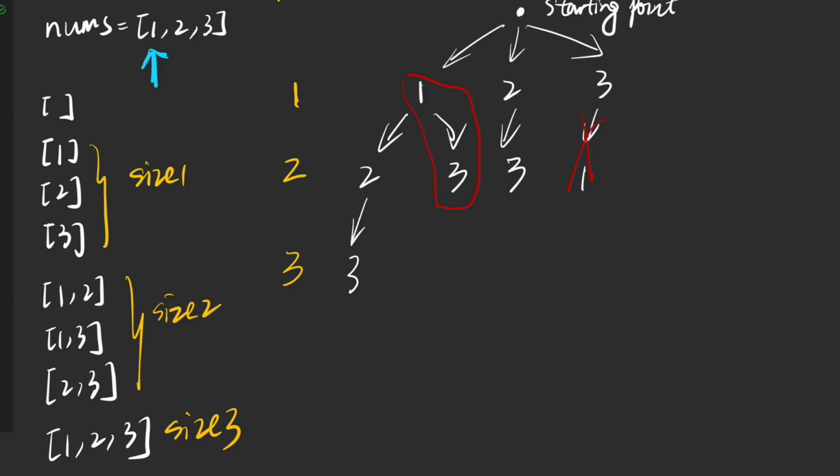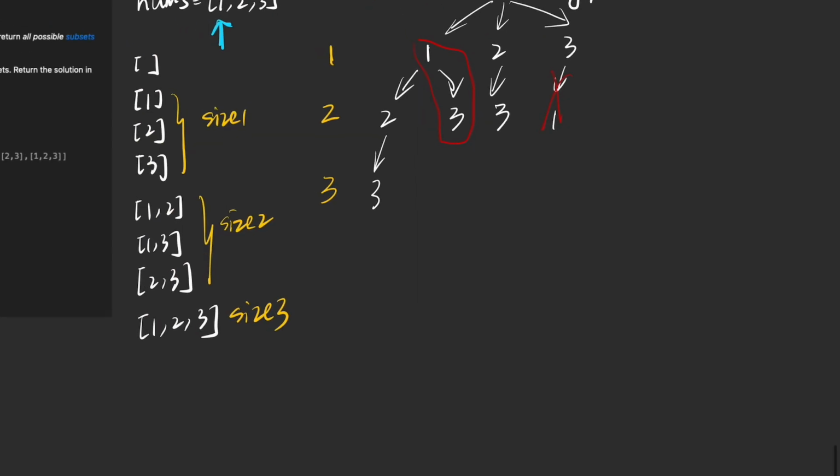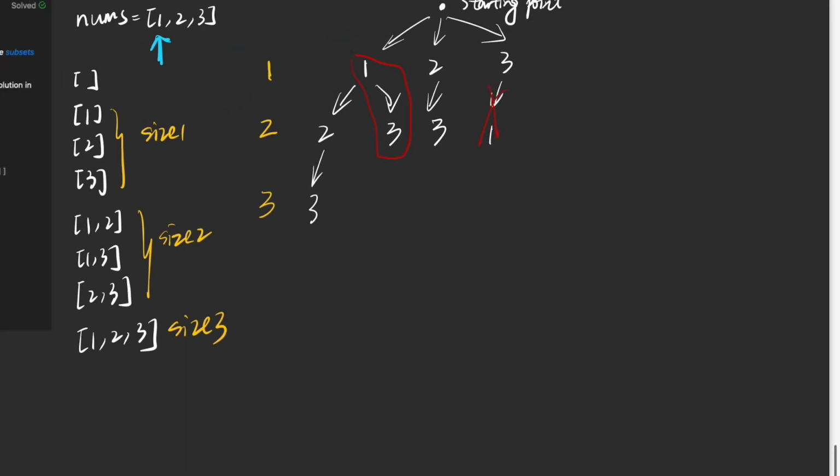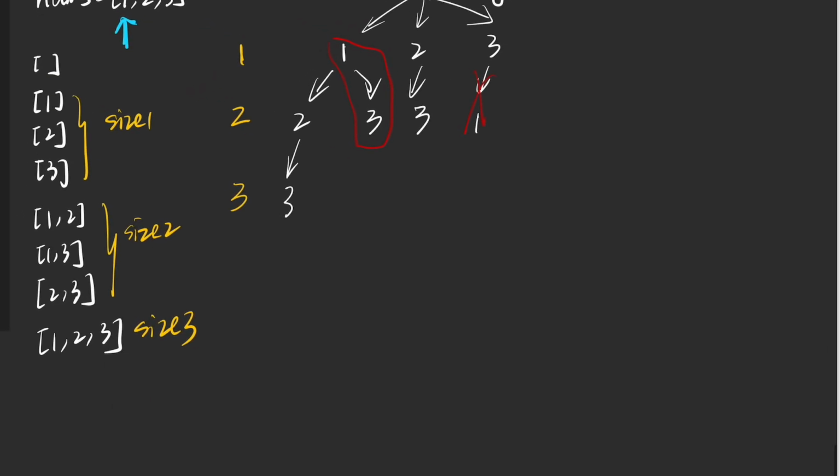But how do we do the loop? For example, for the internal loop, let's write it down. For the internal loop in our numbers, we can always add the next position number, right?